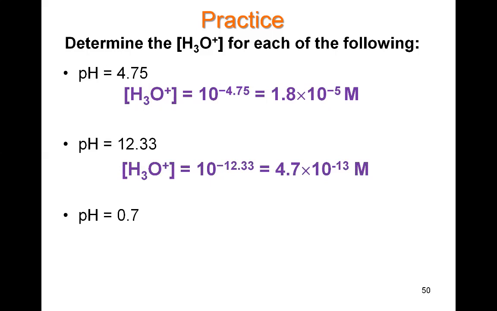So we need to look at the number of decimal places in the pH. 33 is 2 decimal places in the pH. That translates into 2 sig figs in the concentration. So 4.67, you keep the 6, it will be rounded up because what comes after is a 7. So the 6 becomes a 7. And so 4.7, that's 2 sig figs, times 10 to the negative 13 molar.